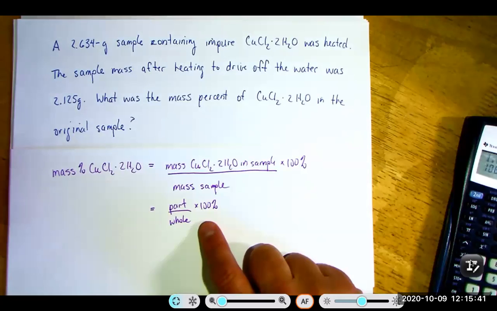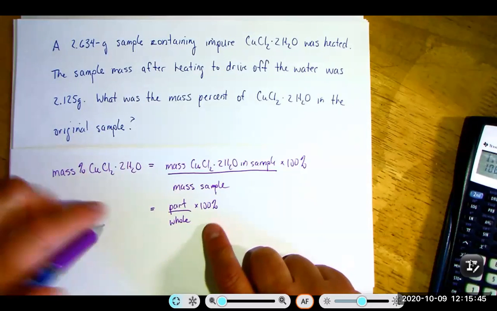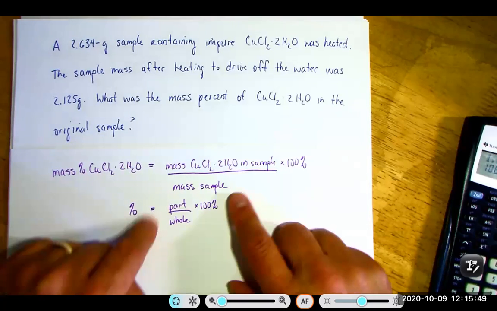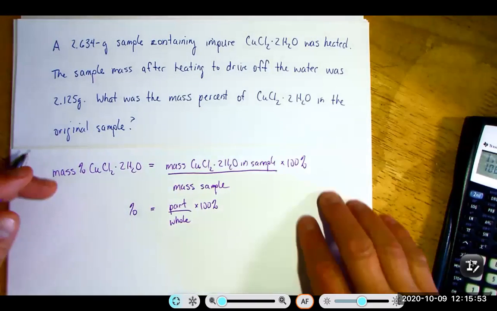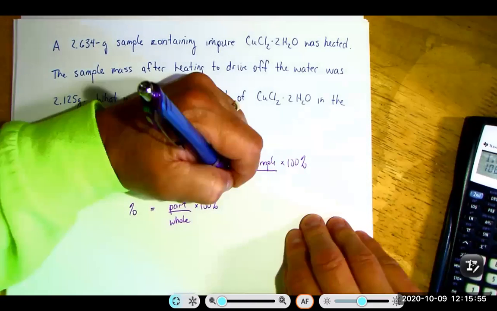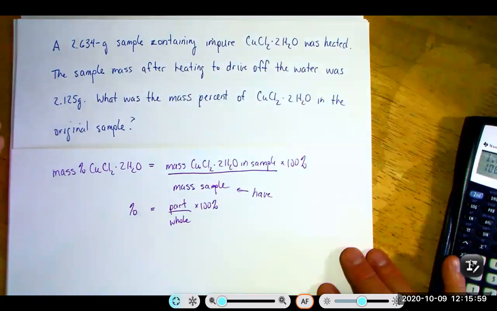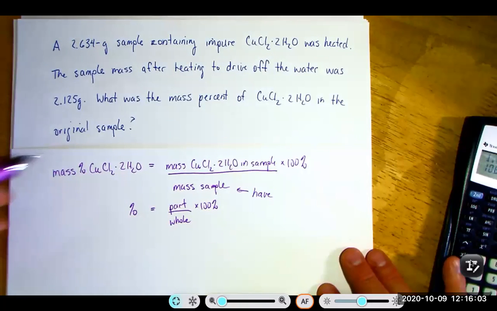So I think it's important to understand that this is the formula for percentage, and this is what it is specifically for this problem. So for this problem, you can see that we already have this. So we're halfway there. We just need the mass of copper 2 chloride dihydrate in the sample.